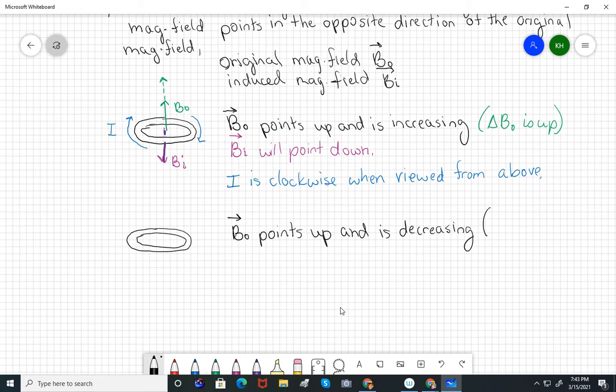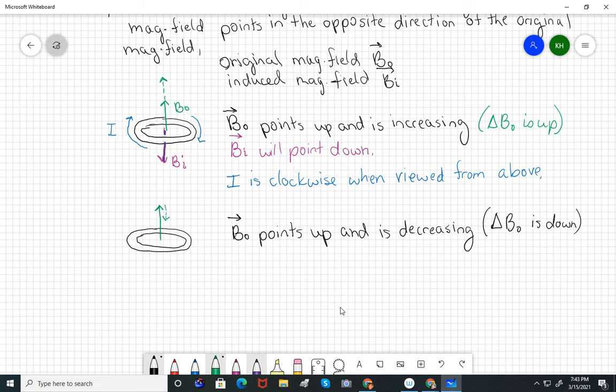That tells me that the change in my original magnetic field is down. If I was going to draw this, I would say, look, there's a magnetic field that points up, but it's getting smaller. It's coming down this way.